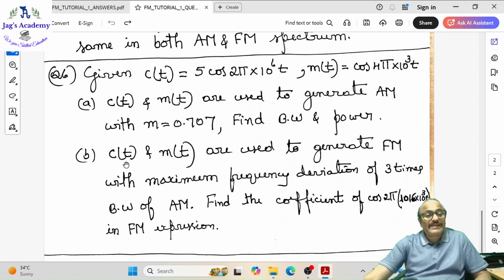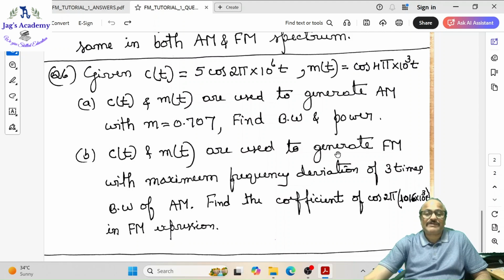Now, the same c of t and m of t are used to generate a frequency modulated wave, FM signal. Right? With the maximum frequency deviation of 3 times the bandwidth of AM. So whatever bandwidth you get here, 3 times that is going to be the maximum frequency deviation, delta f. Now find the coefficient of cos 2 pi into 1016 into 10 to the power of 3 t in the FM expression.